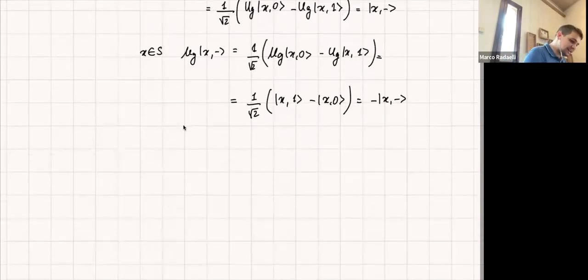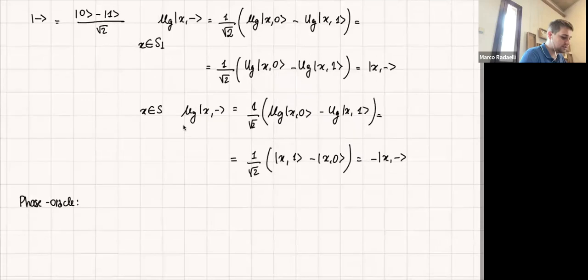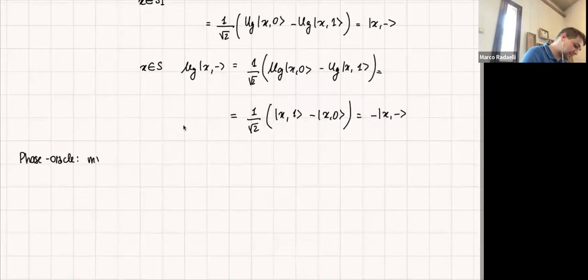Now, sometimes in the literature, this idea of an oracle which marks a solution by adding a minus is called a phase oracle. So the idea is that it's something that marks a solution by adding a phase, the minus, for example.